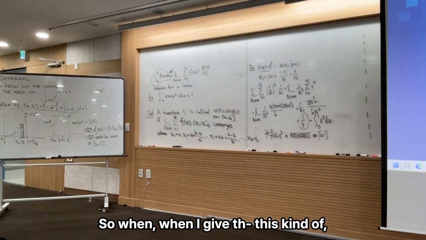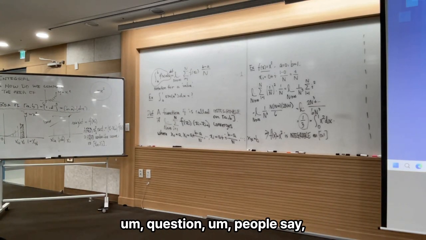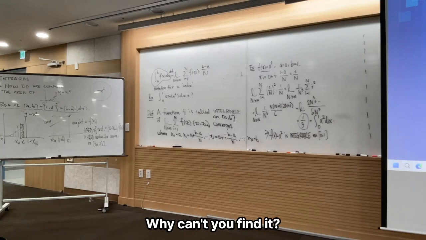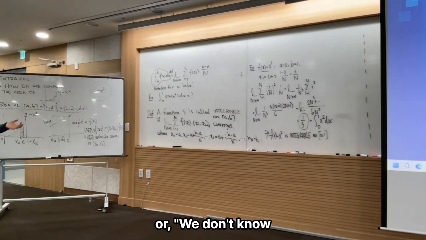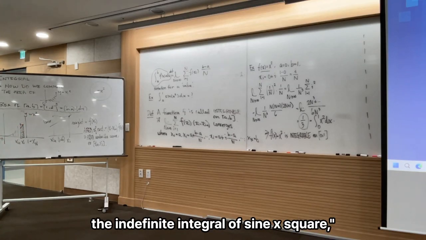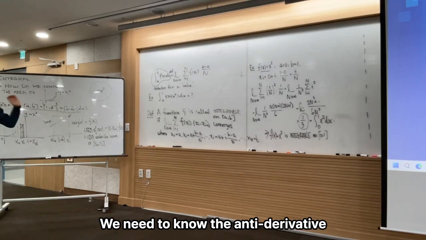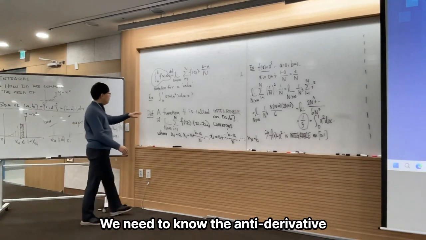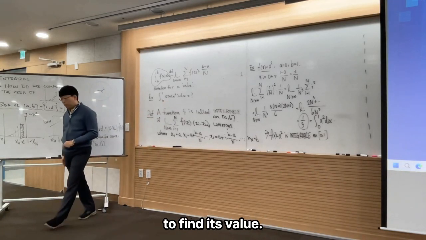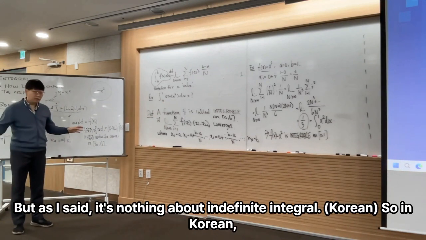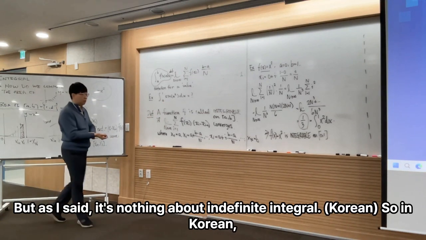When I give this kind of question, people say, we don't know, we can't find it. Why can't you find it? Because some people say, we don't know its antiderivative, or we don't know the indefinite integral of sine x squared. Because they think that we need to know the antiderivative or indefinite integral to find the definite integral and its value. But as I said, it's nothing about the indefinite integral.